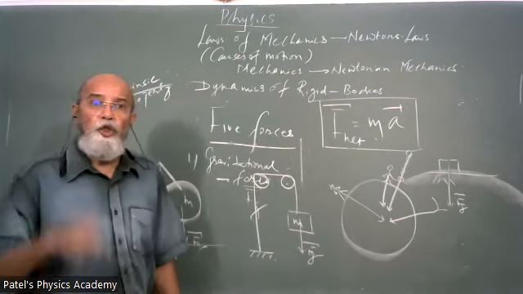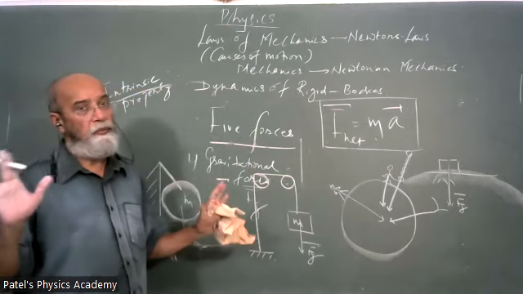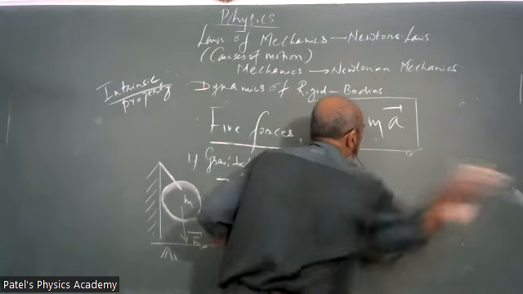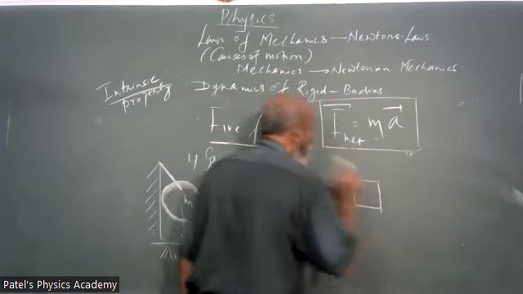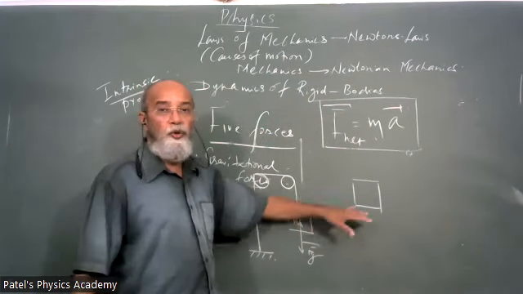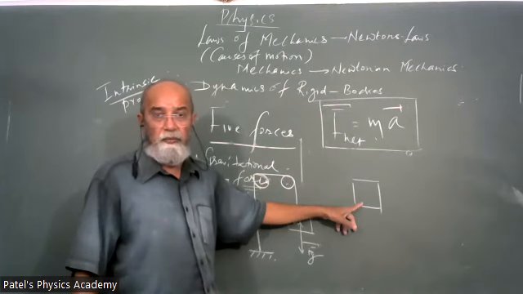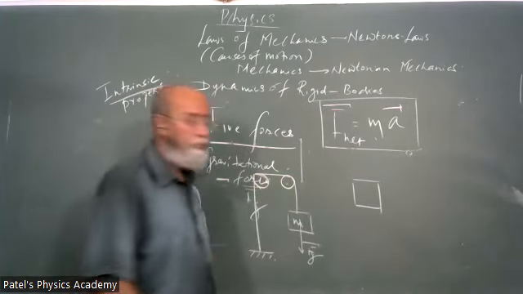Do I show the arrow from the center? Do I show it from it? Newton said that I have chosen the symbol this to represent a rigid body so that you don't worry about where to show them.